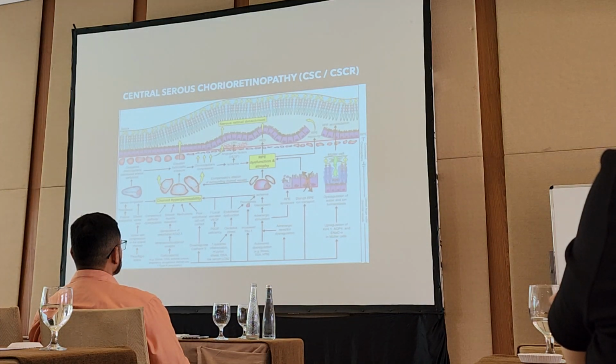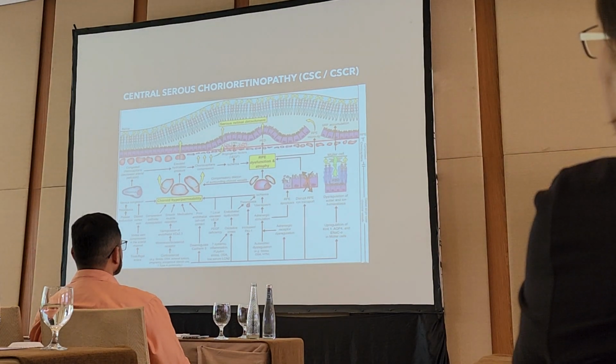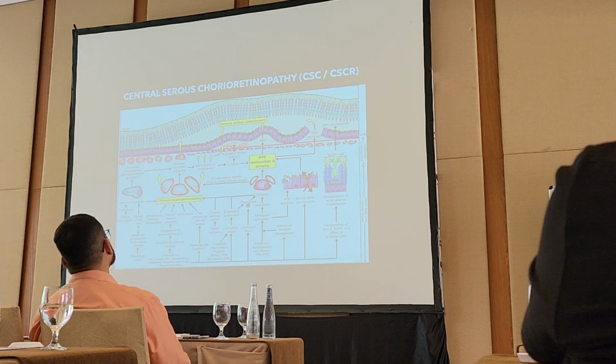Okay, next we move on to central serous retinopathy, or we call it CSR or CSCR. The pathomechanism of CSR is actually not really clear, but is thought to be from a few things.